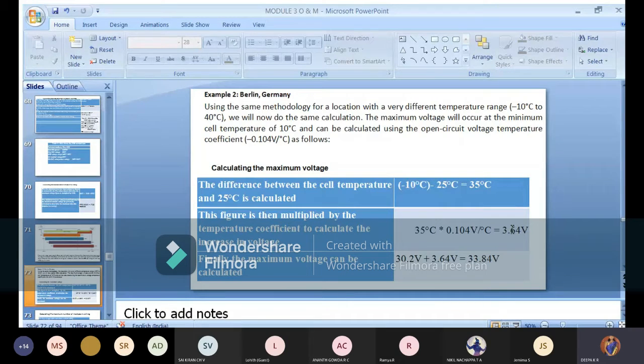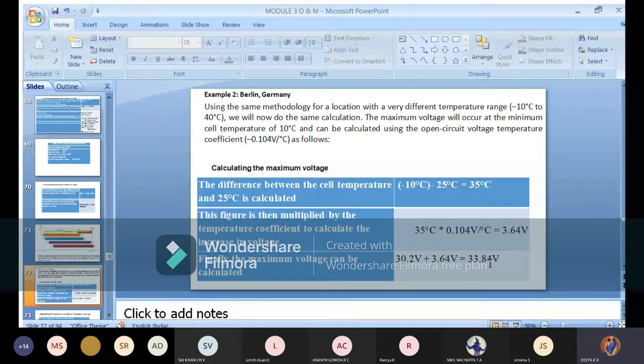As per the standard electrical characteristics given for the model, the open circuit voltage of the system has already been given as 30.2. But based on the temperature, you are going to get an additional voltage over the open circuit voltage. So you add 30.2 plus 3.64, which means the voltage is more than your open circuit voltage, that is 33.84.